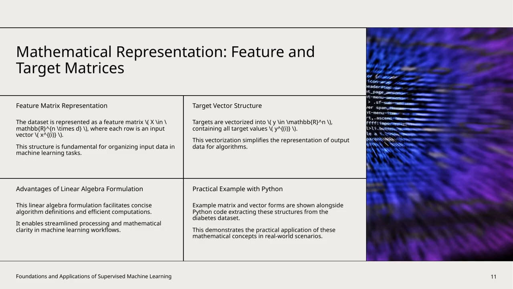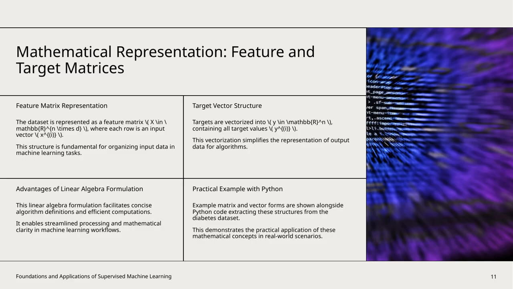Now, why is this linear algebra formulation so powerful? Well, it allows us to define algorithms more concisely and perform computations more efficiently. It streamlines our workflow and brings mathematical clarity, which is especially valuable when dealing with large datasets or complex models.